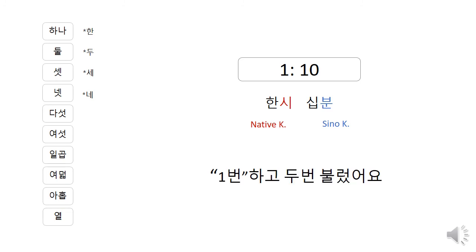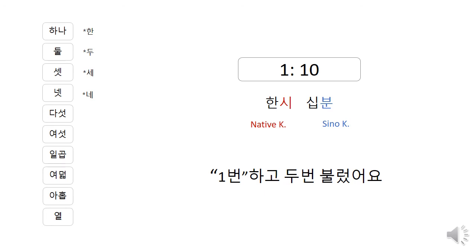Okay, if the teacher calls number one two times, when the teacher is checking the attendance with each student's number, number one, I'm gonna call one more time, number one, just like that.